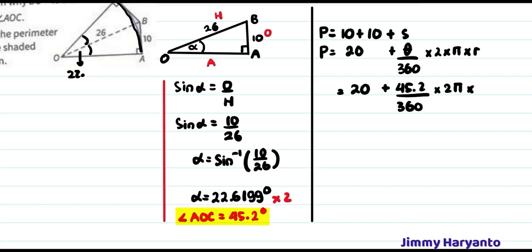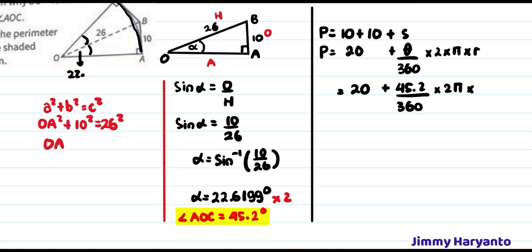Okay, let's use Pythagoras theorem for this one. We can say that a square plus b square equals c square. The a square is OA square. The b square is this one, 10 plus 10 square, equals the c, which is 26 square.